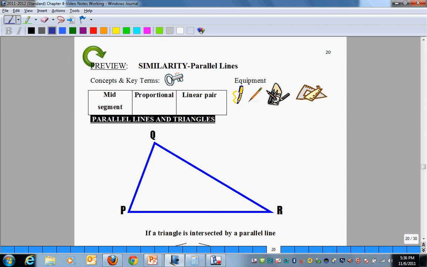Now the first thing I'd like you to do is trace and stretch out the segment P to R using a ruler.